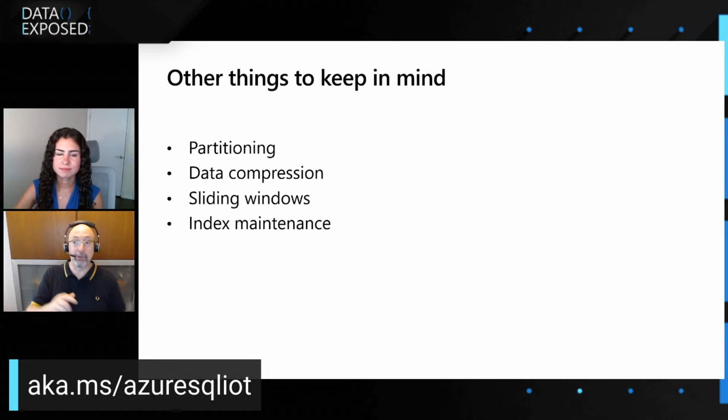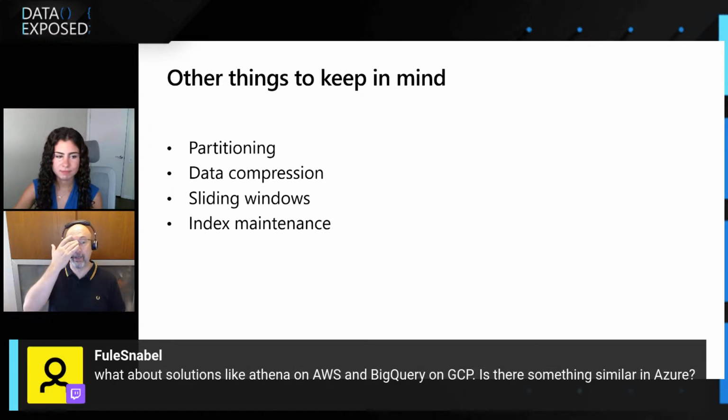Now, I noticed that there was an interesting question from Fulsnabel. If we have this kind of BigQuery-like solution in Azure, yes, we actually have Azure Synapse, which is exactly offering that kind of scale-out architecture.